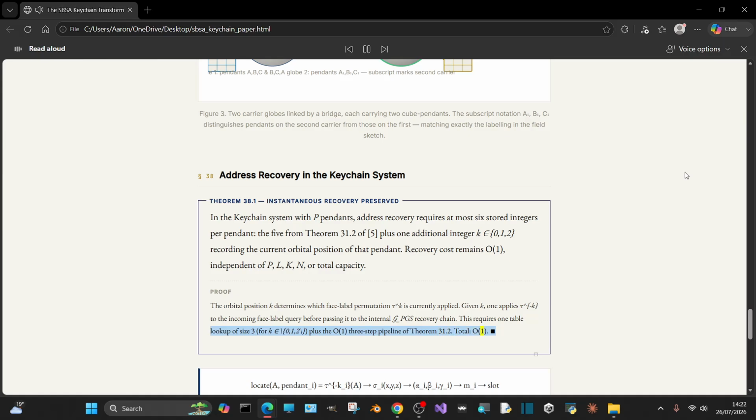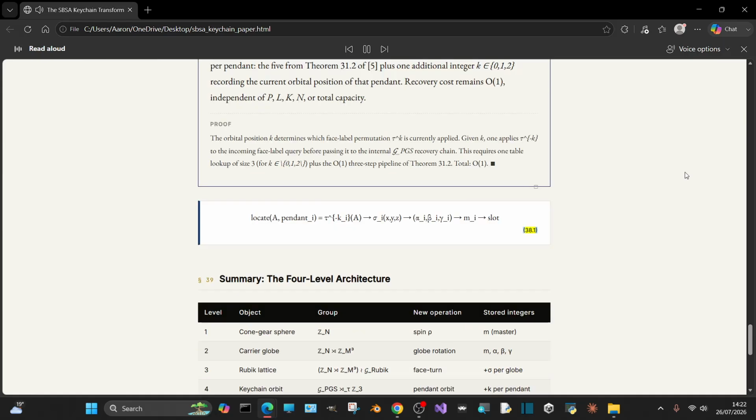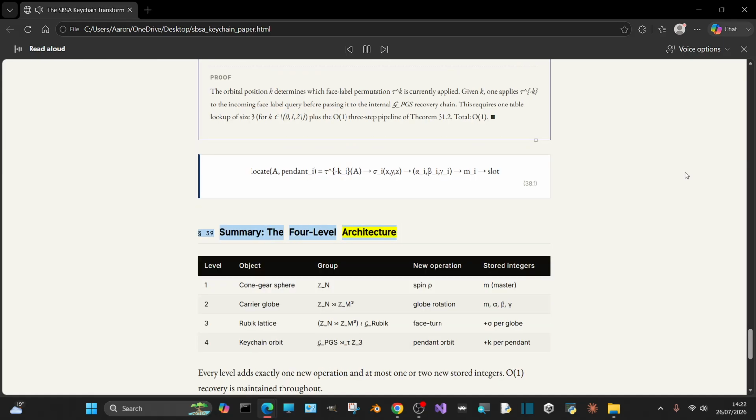Total, O(1). Locate pendant _I equals tau caret k _I, A, _I, X, Y, Z, _I, _I, _I, M _I slot, 38.1. Section 39 Summary, the 4-level architecture.